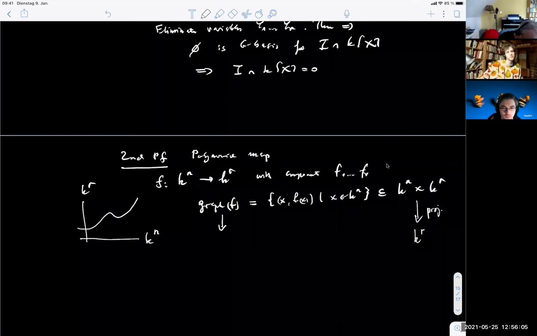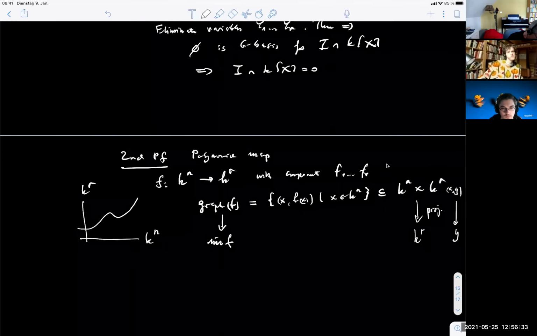If I have here x, y, and I project to y, the image of f, yes, will be the image of f, correct. So this is the map (x, y) goes to y.